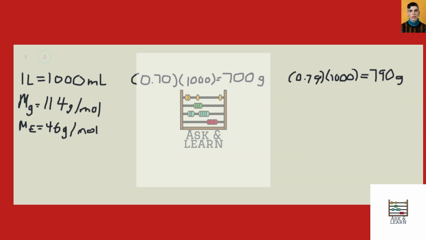So this is going to be our gasoline. 700 over 114 is going to be 6.14 moles.